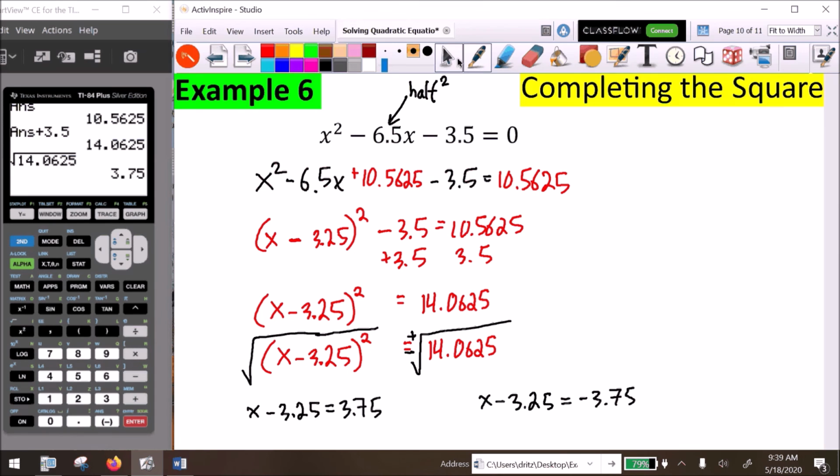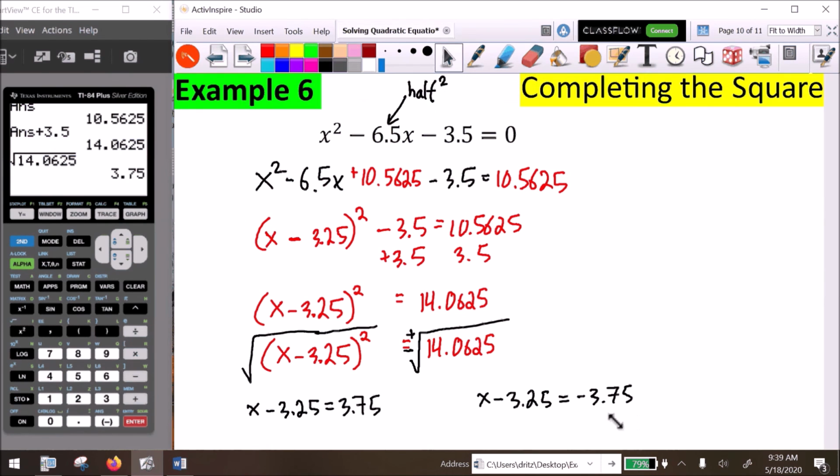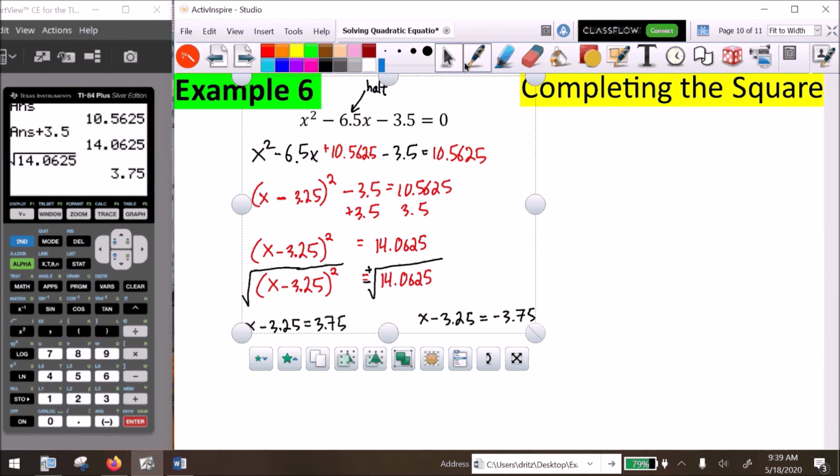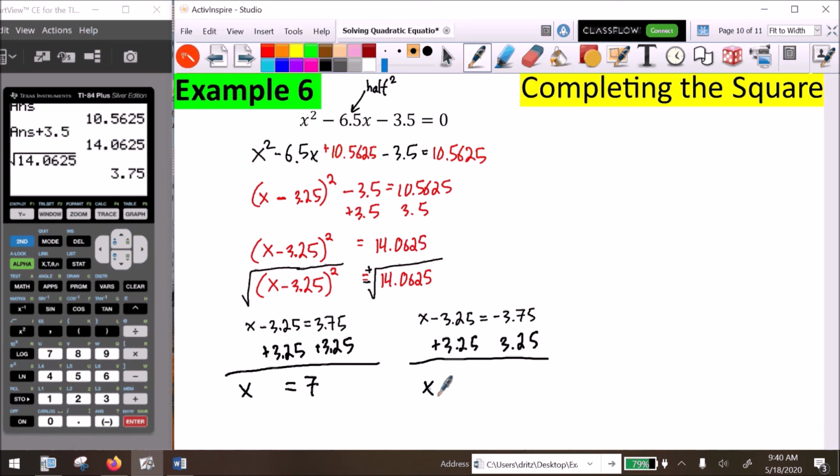That's two answers. Gotta add 3.25 on both sides. So x is equal to 7, and x is equal to negative 1/2.